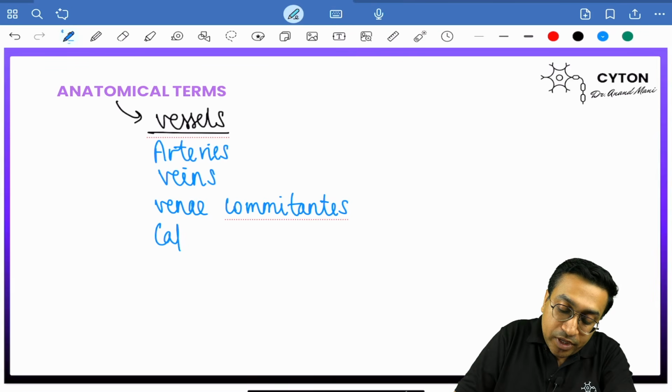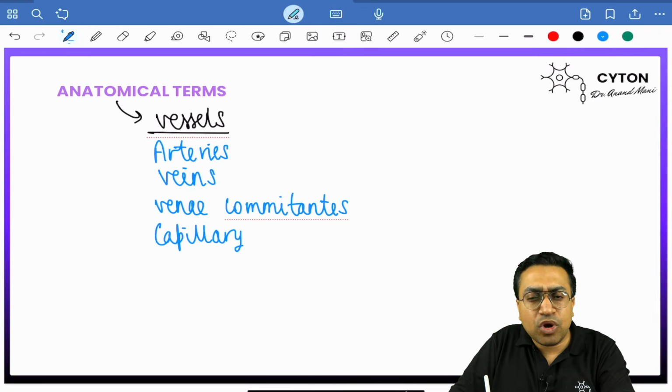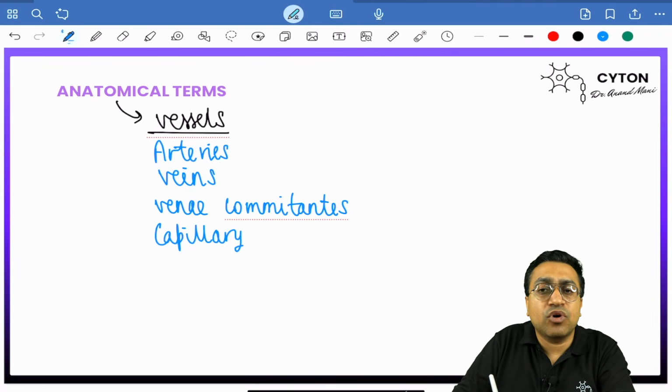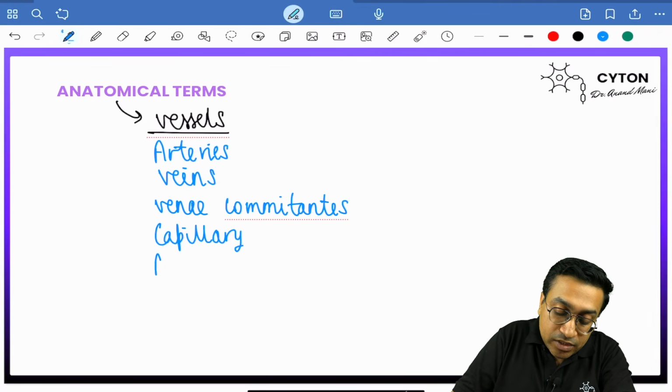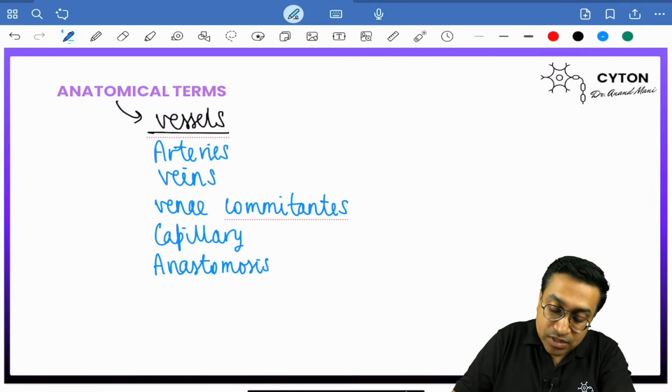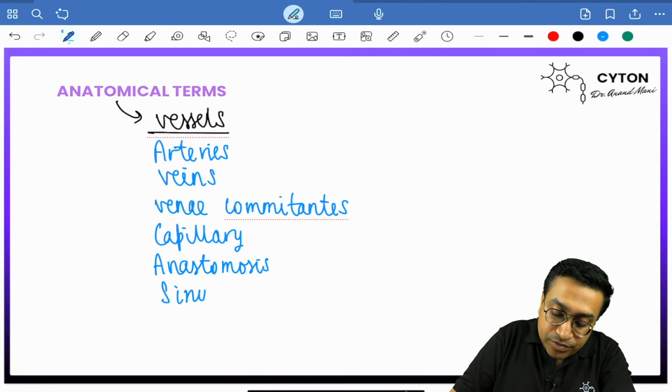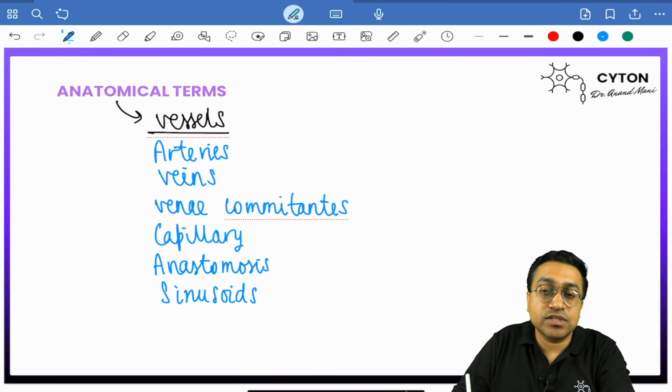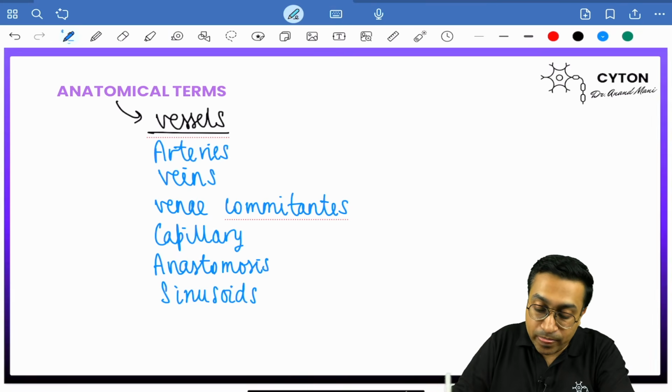Then capillary, that is small microscopic vessels which form the network. Then anastomosis, that is communication between the adjacent vessels. Sinusoids, that is thin walled vessels with large gaps in the wall. Okay, so that is regarding the vessels.